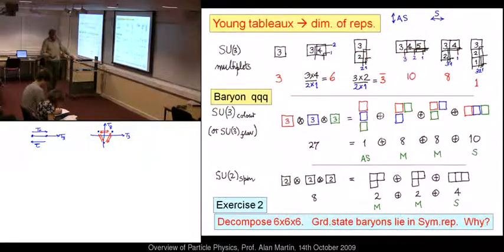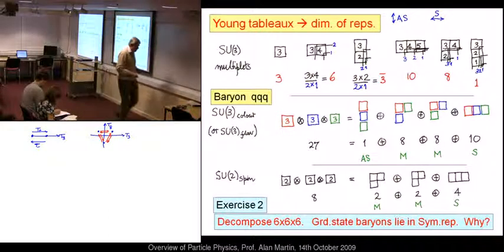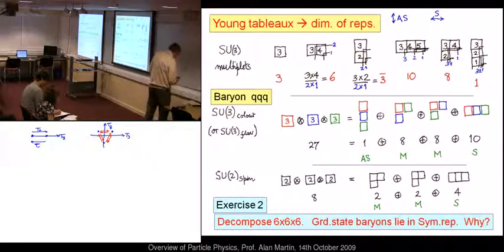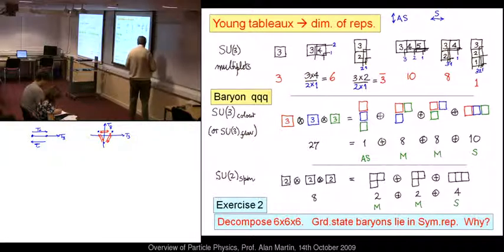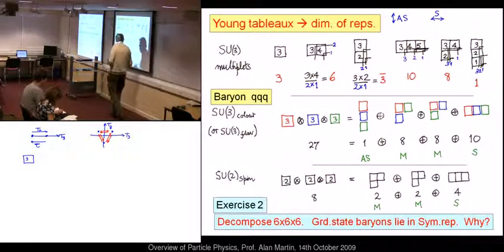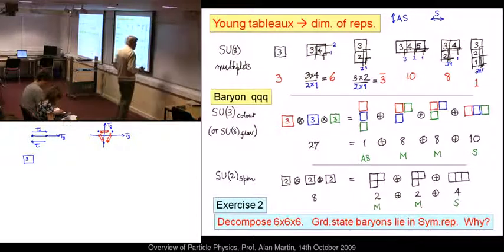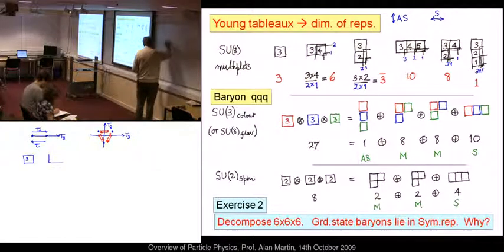Okay, let's use the Young tableau to get these numbers. Let's do it for SU3. Now, for the Young tableau, you start off with one box here. This is just the fundamental representation. You put in that box 3. That's one possibility. Supposing you had a representation with 2 boxes, like this.